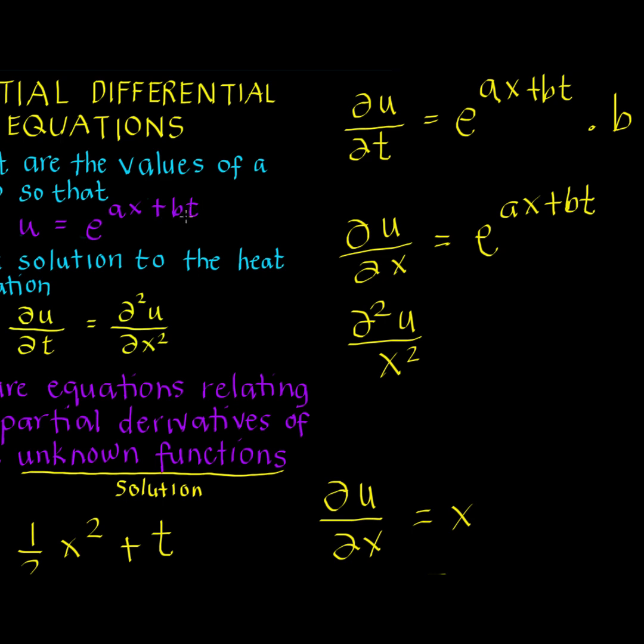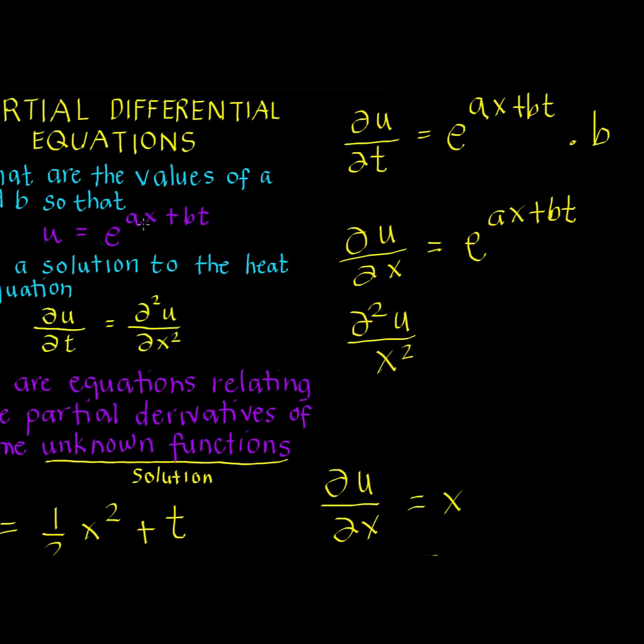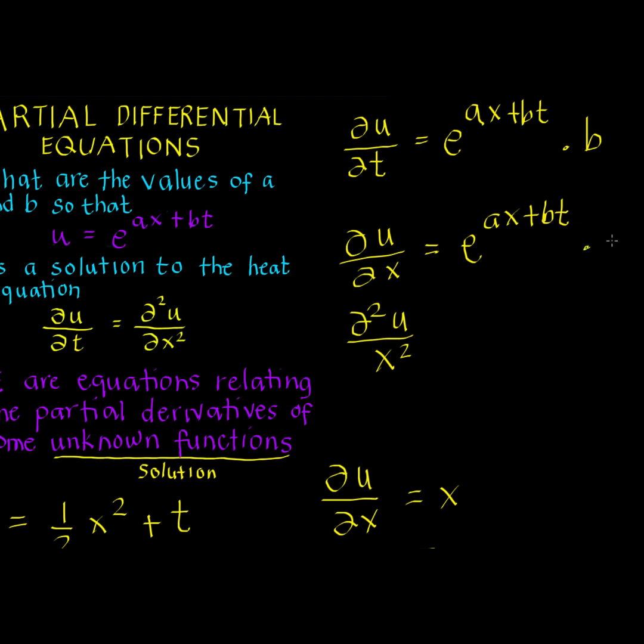So this bt becomes 0. The derivative of ax is a, so times a. Now the derivative of this first partial derivative is the second partial derivative of u, and this is equal to e raised to ax plus bt times a times the partial derivative of the exponent with respect to x, which is also equal to a. So this becomes a squared.